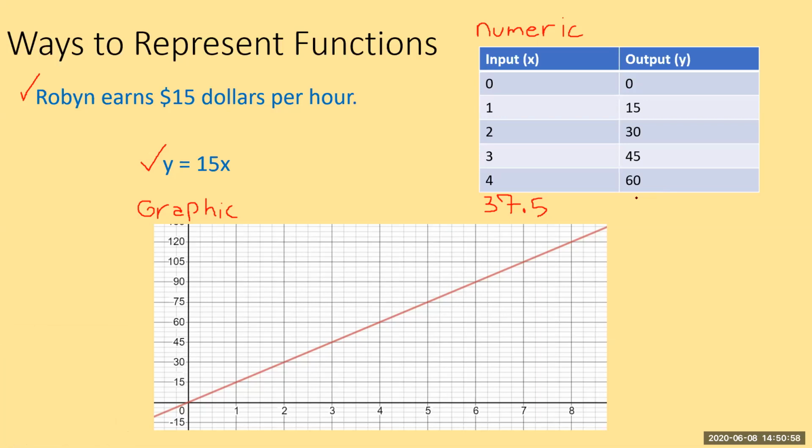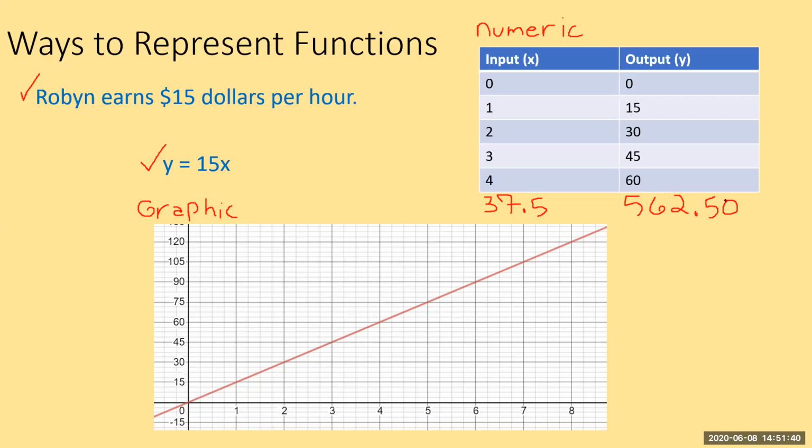She gets $15 an hour. We're not worrying about any deductions or taxes. So if she works for 37.5 hours at $15 an hour, that's going to give her earnings of $562.50. So if she works for 37.5 hours, she'll make $562.50.